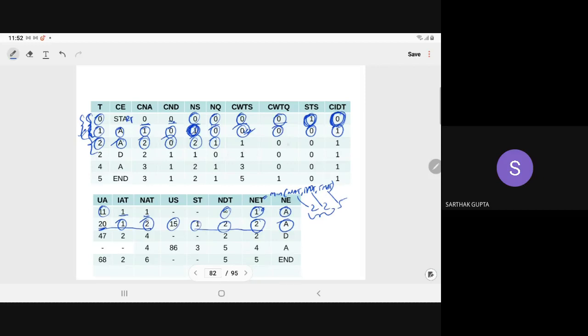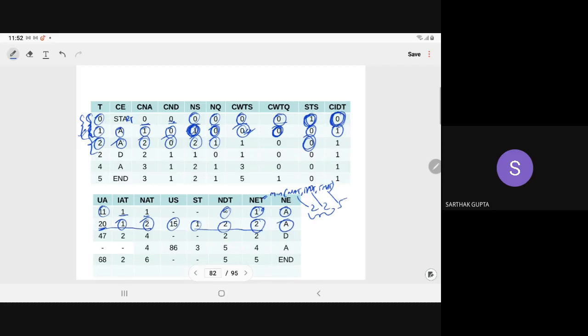Then CWTQ is the old CWTQ plus old NQ into difference of time. Then because there is a customer, the server will remain BG. Then CIDT is the old CIDT 1 plus old STS 0 into difference of time, that will become 1.